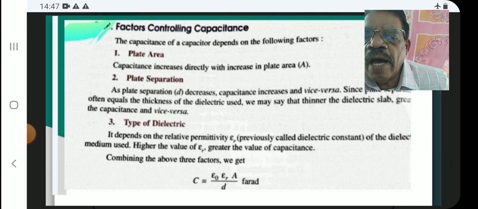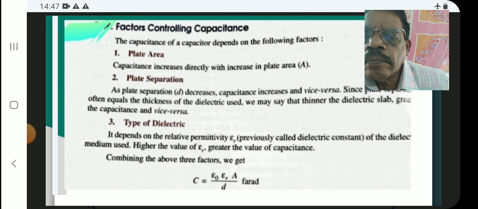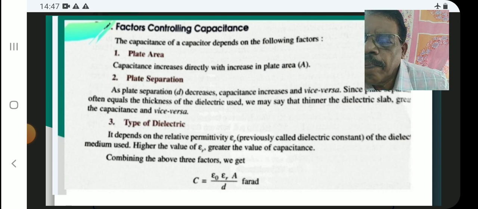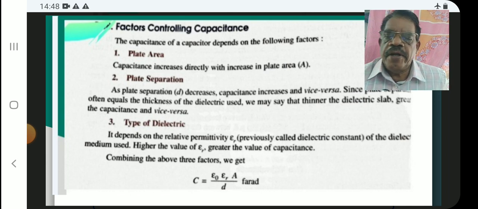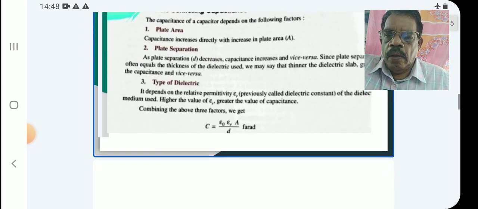Higher the value of epsilon R or K, greater the value of the capacitance. Considering the above three factors, we get C is epsilon 0 epsilon R A by D, or K epsilon 0 A by D, farad. Farad is a unit of capacity. So that answer is over.